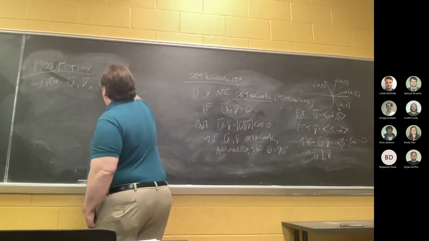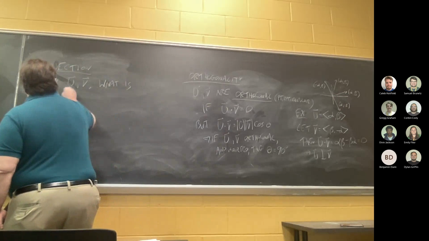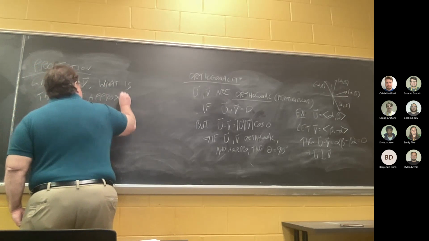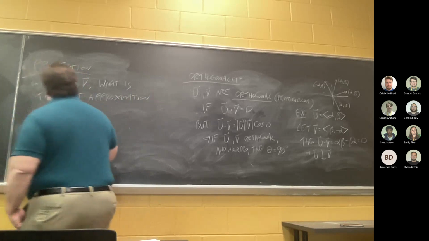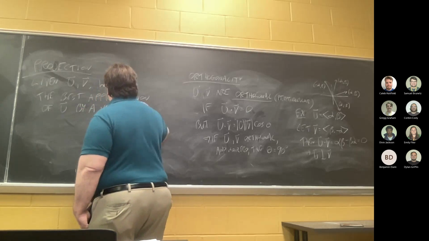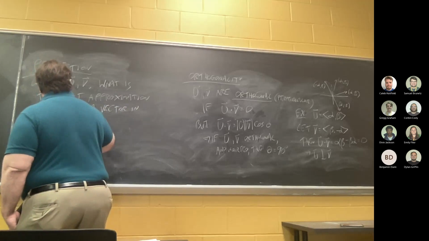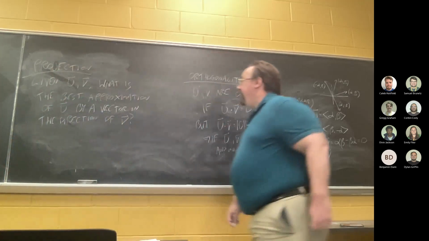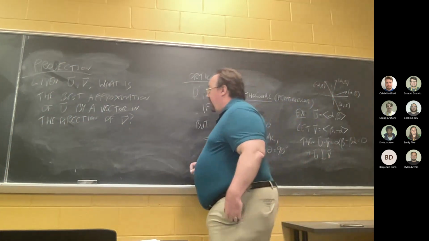The problem is, what is the best approximation of u by a vector in the direction of v? So if I draw the situation.